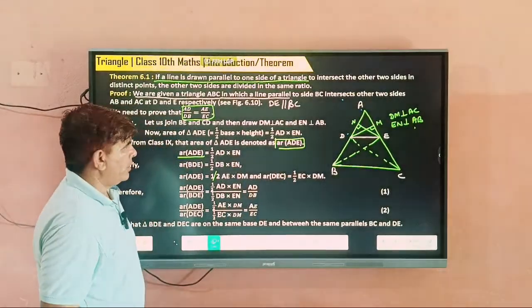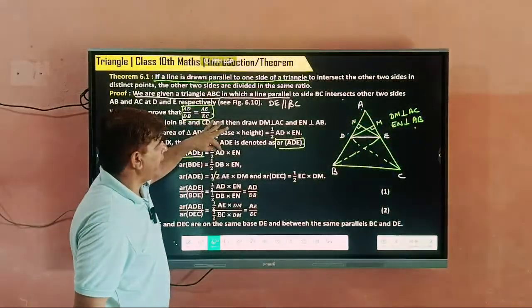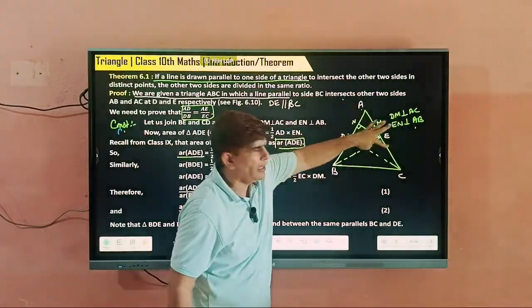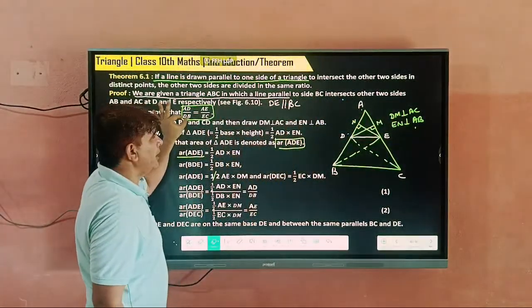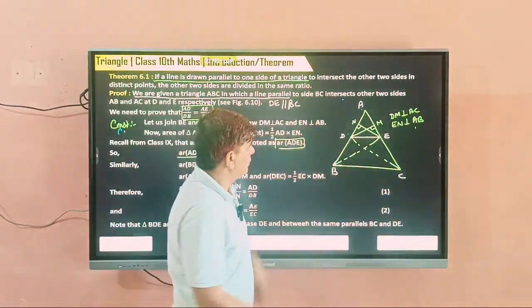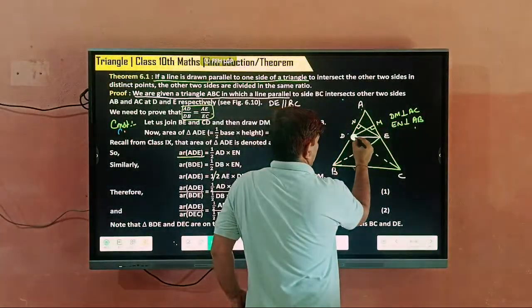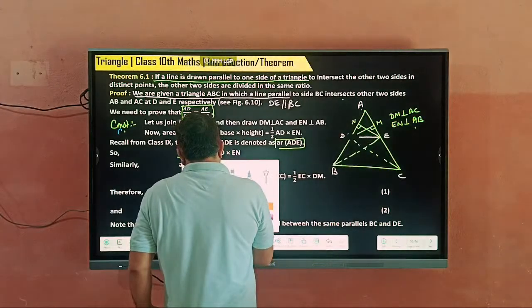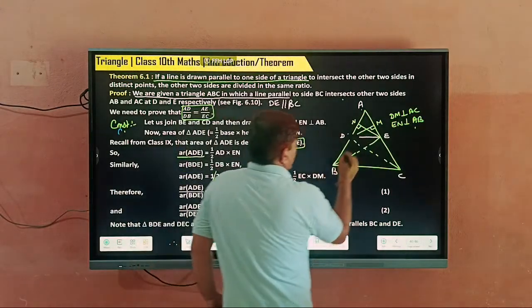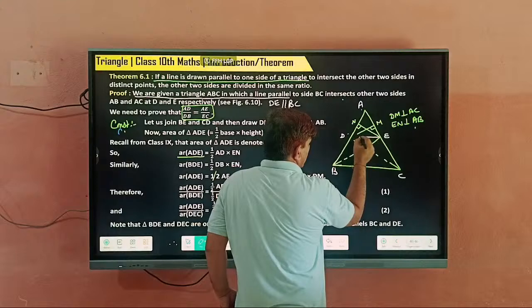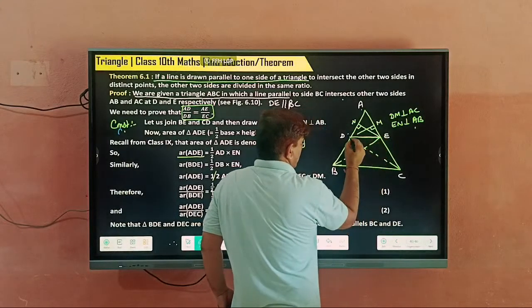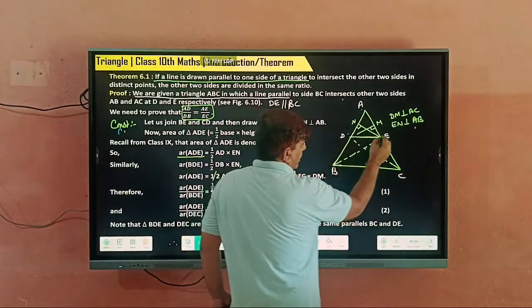Yes or no? What do we need? This AD we need, which is why we have taken triangle ADE. On the downside, what do we need? DB. So DB is here, in this triangle: triangle DBE.